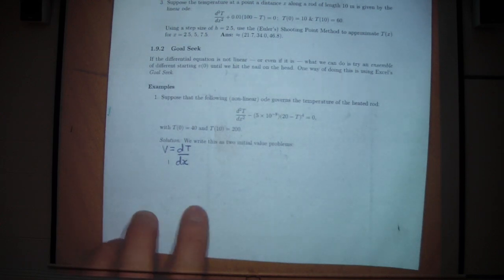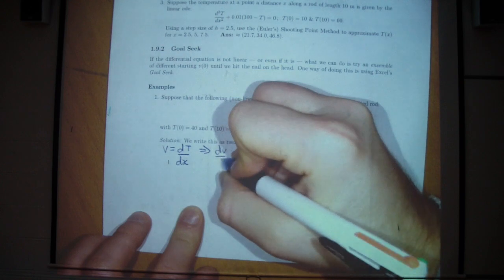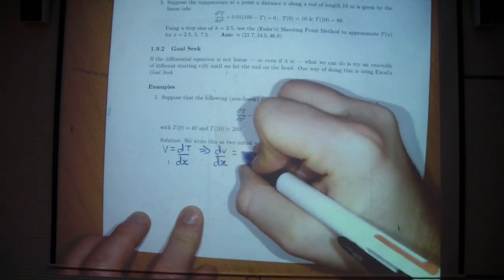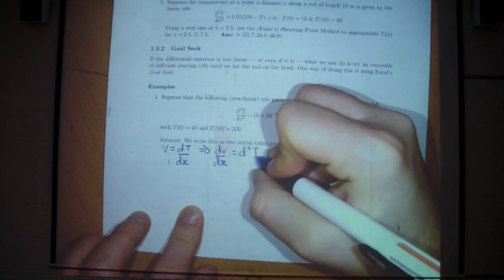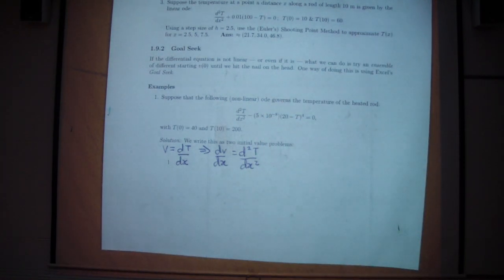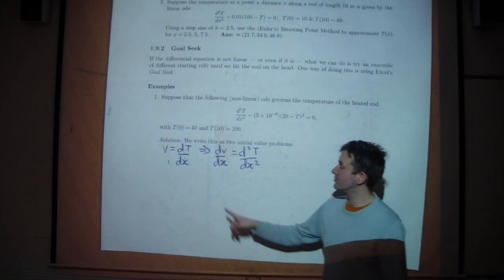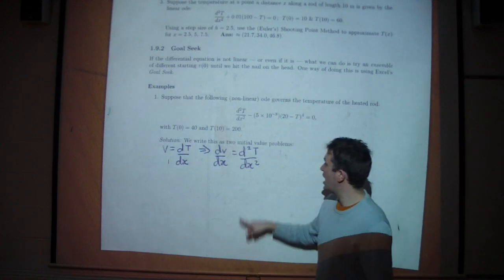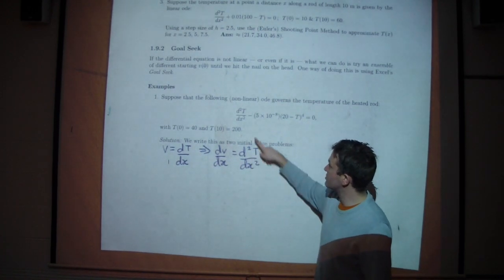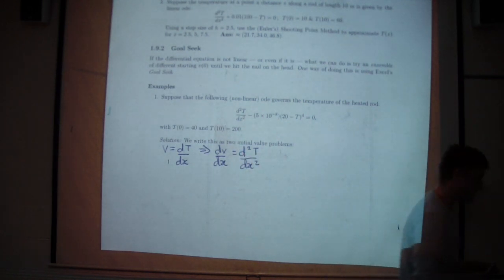If we differentiate both sides of this, we find that dv/dx is equal to the second derivative of temperature with respect to x. And if we do this, we can write this as two first order differential equations: a differential equation for t, and if we substitute the second derivative equal to dv/dx, we will also have a differential equation for v.